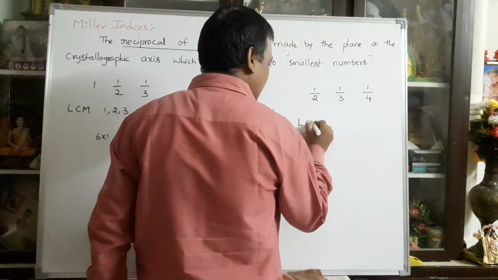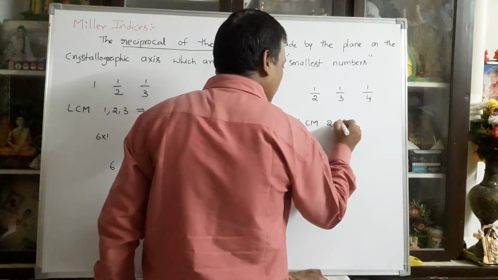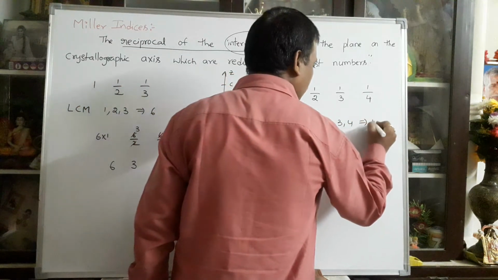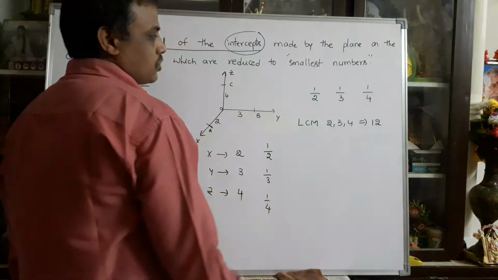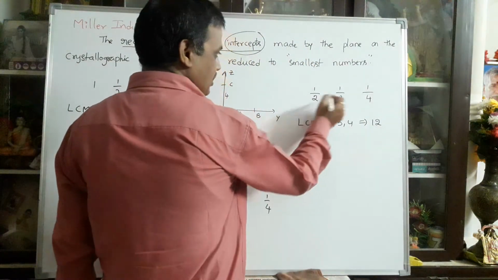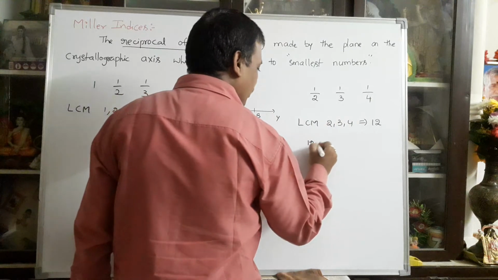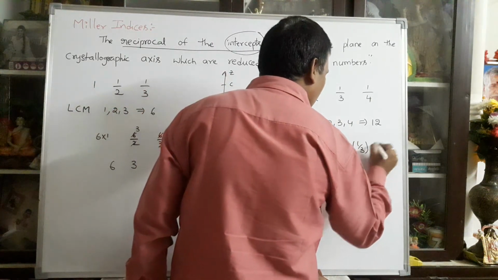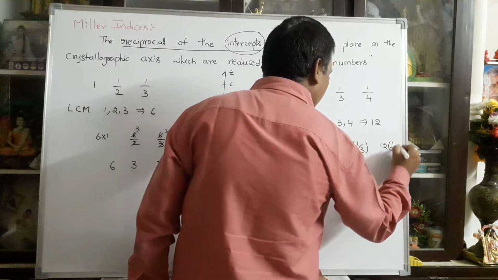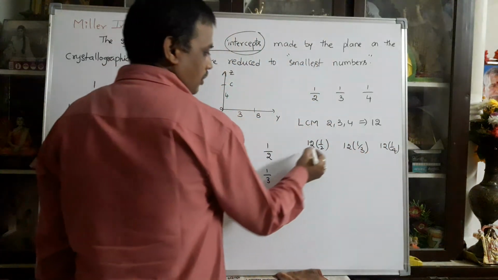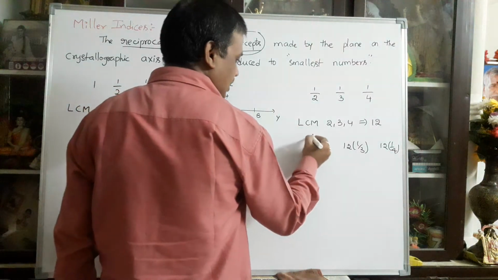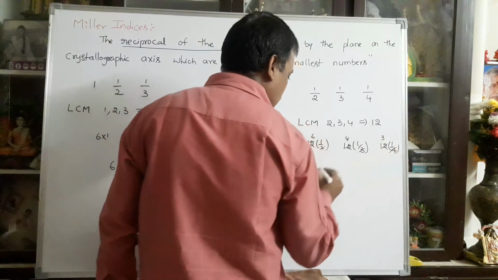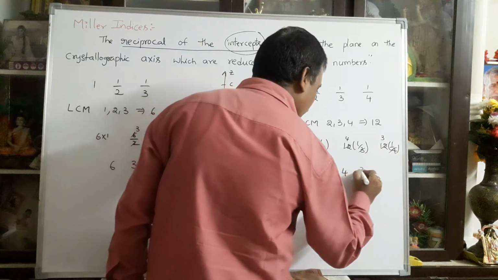First you calculate the LCM of 2, 3, 4, which is 12. Multiply each number by the LCM: 12 into 1 by 2, 12 into 1 by 3, and 12 into 1 by 4. 2 in 12 goes 6 times, 3 in 12 goes 4 times, and 4 in 12 goes 3 times. So the smallest numbers are 6, 4, 3.